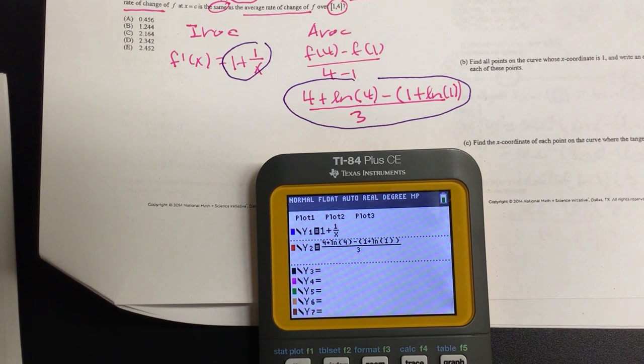And be really careful with the parentheses. Haley, you don't want to type with me? And when you're ready, go to Zoom 6.